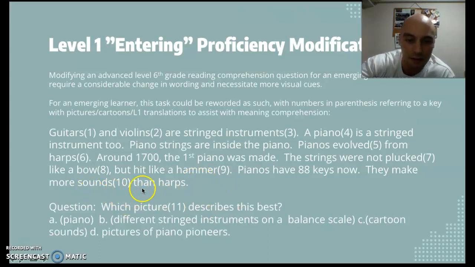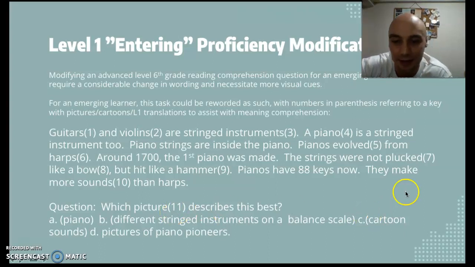And then I had to change the question to make it comprehensible. I'm not using words for the answers. Again, I use pictures. So the correct answer would be a picture of different stringed instruments on a balance scale. That was the best I could come up with.